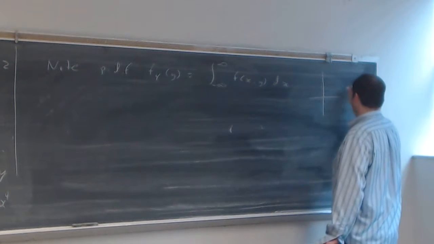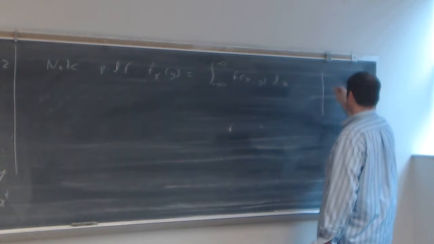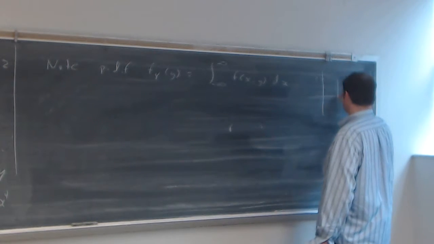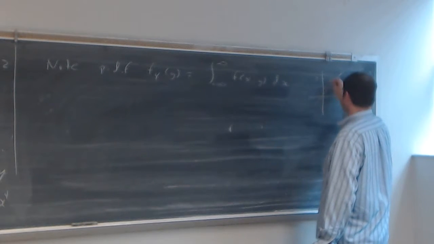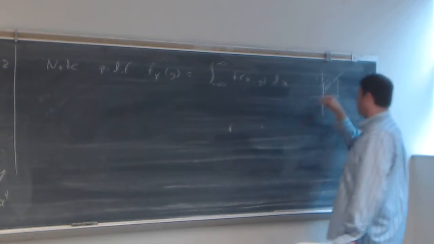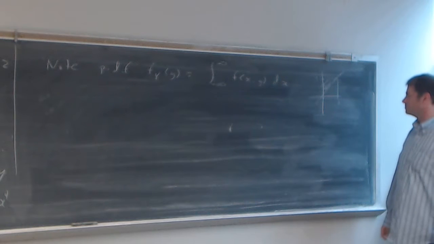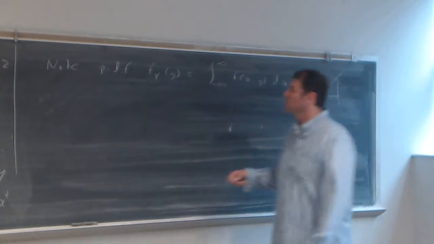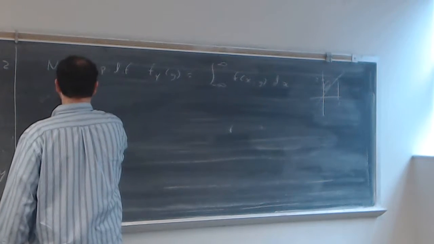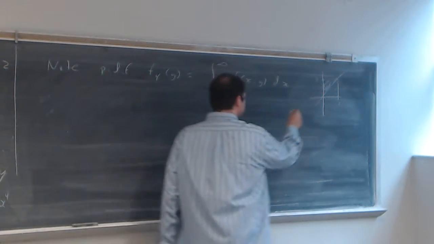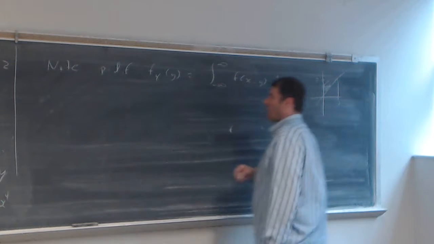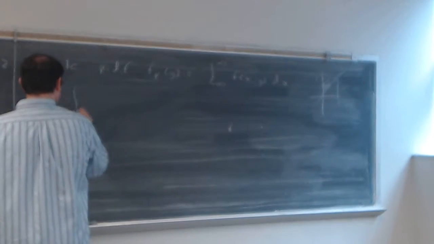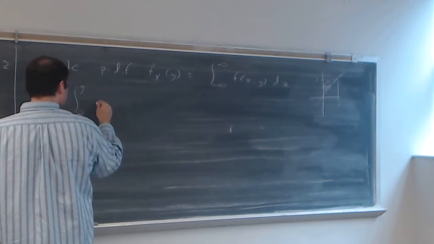Again, let me draw the picture for the joint where it's non-zero. Looking here, for a fixed y, y is somewhere between 0 and 2. So for a fixed y, the x values will run from 0 to y.